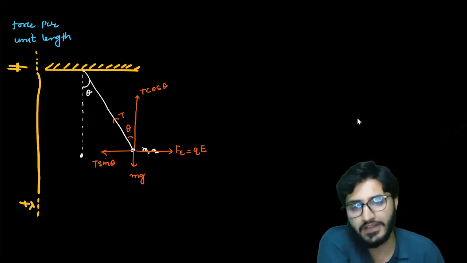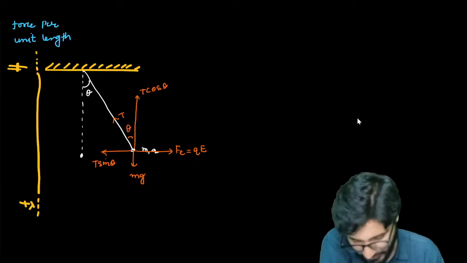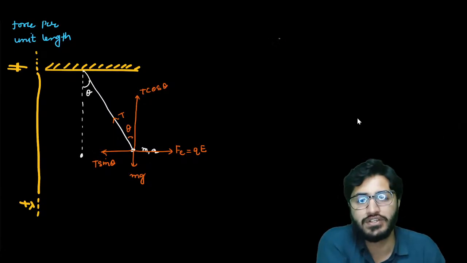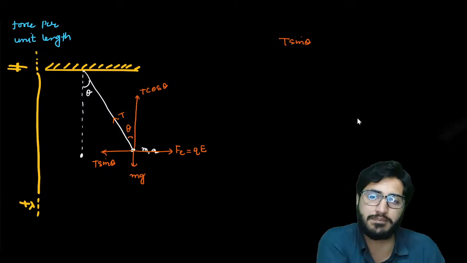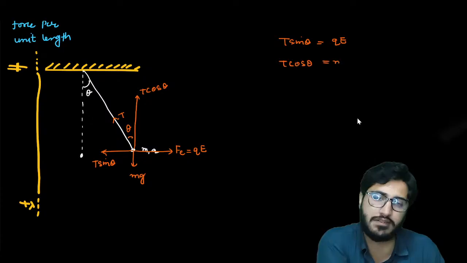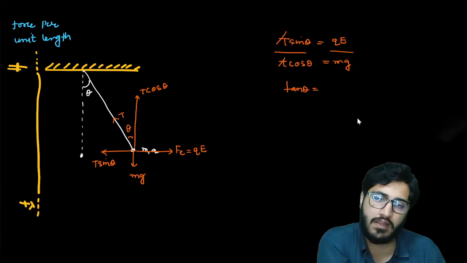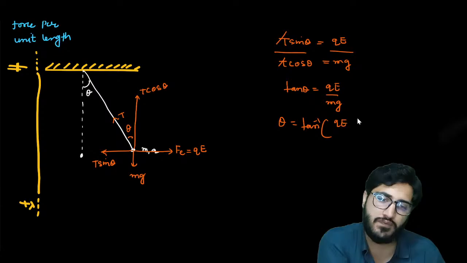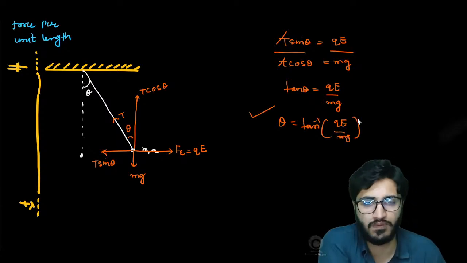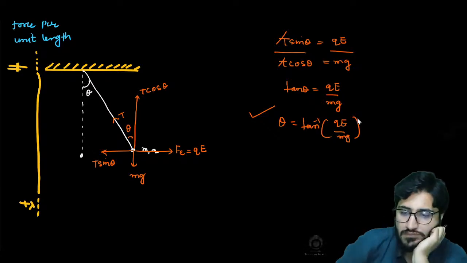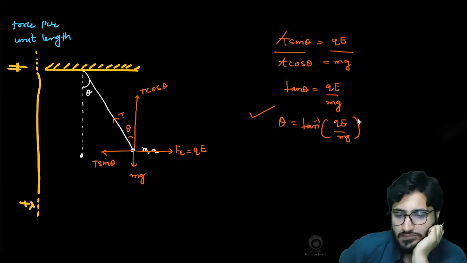The whole thing is in equilibrium, so T sin theta gets balanced by qE, and T cos theta gets balanced by mg. Divide the two: T cancels out, and sin theta by cos theta is tan theta, which equals qE divided by mg. So theta comes out to be tan inverse of qE by mg. Easy? Very easy.